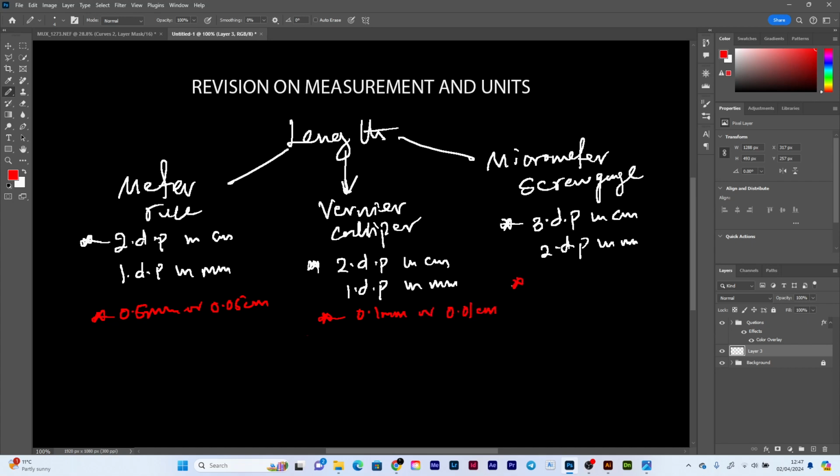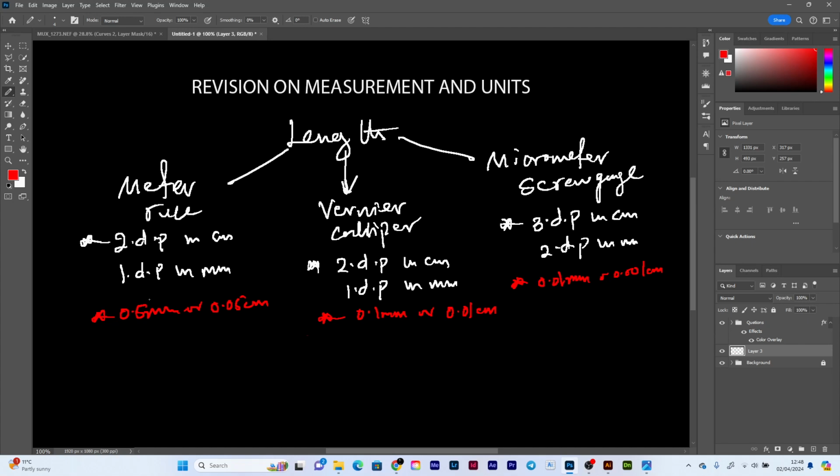You can easily note this whenever you are calculating under vernier caliper. And for the micrometer screw gauge, you have 0.01 millimeter or 0.001 centimeter. You see the reason why it measures to 3 decimal places in centimeter and 2 decimal places in millimeter. Likewise others. That's the next thing that you need to understand.